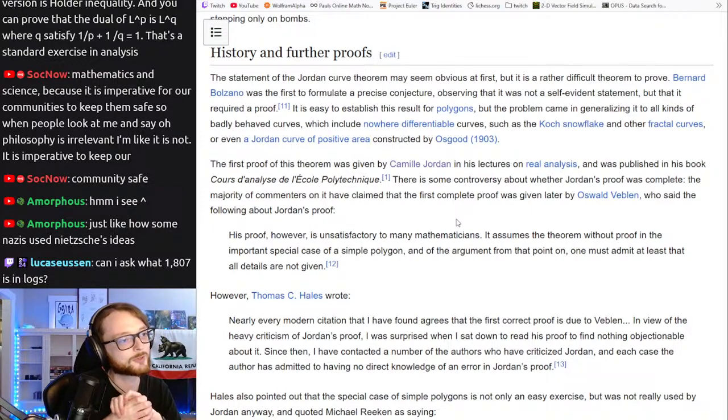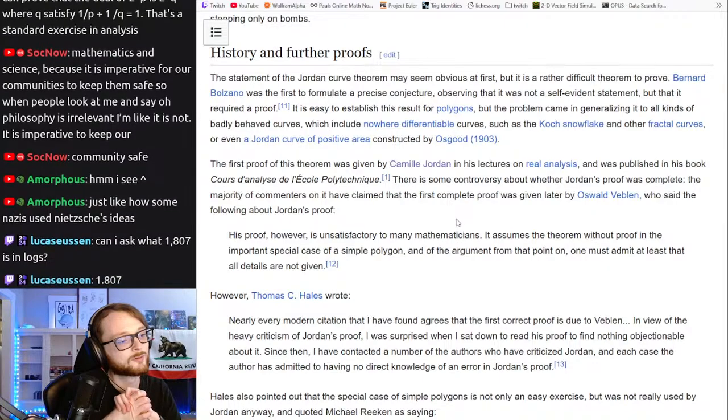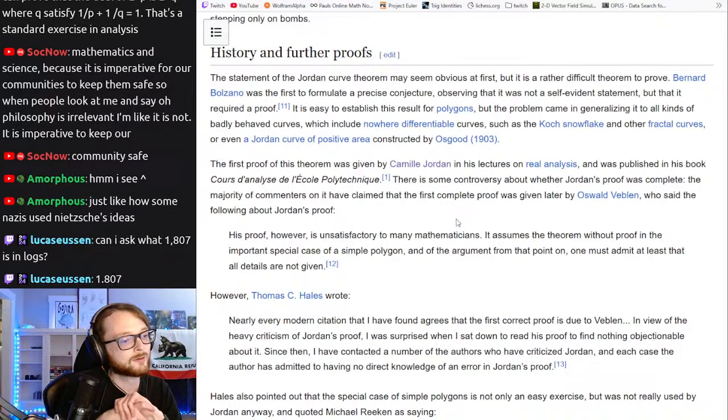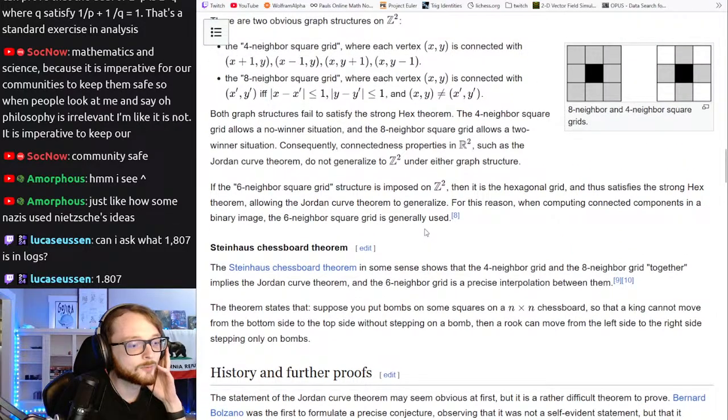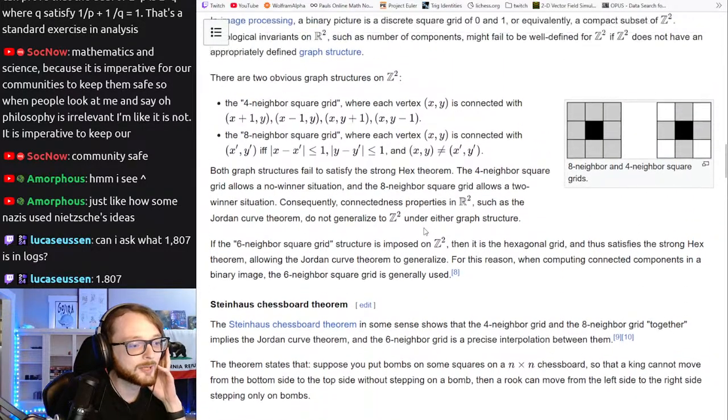Depends what base you want to use, but you could. The general version is the Hölder inequality. You can also prove that the dual of LP is LQ, where Q satisfies the conjugate relation. Oh, okay.